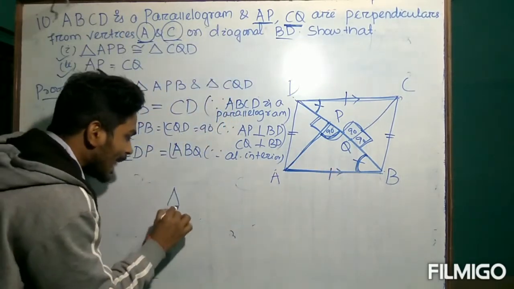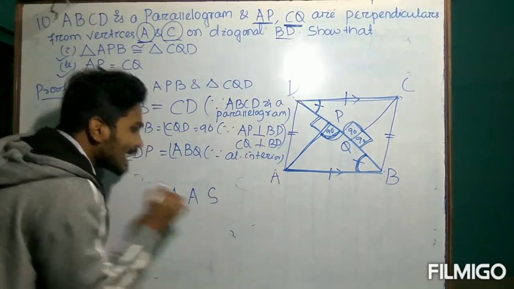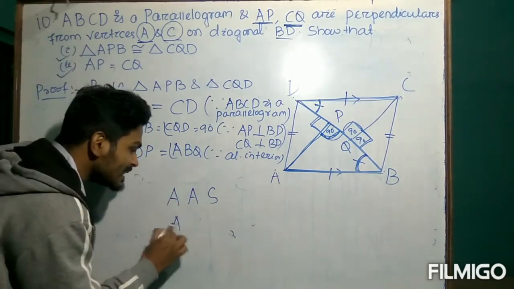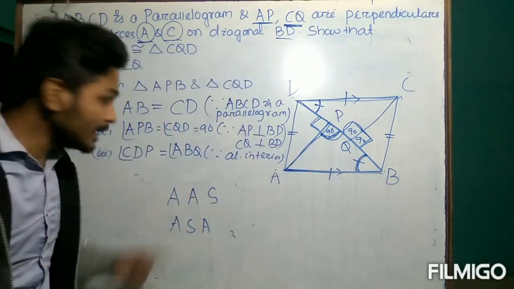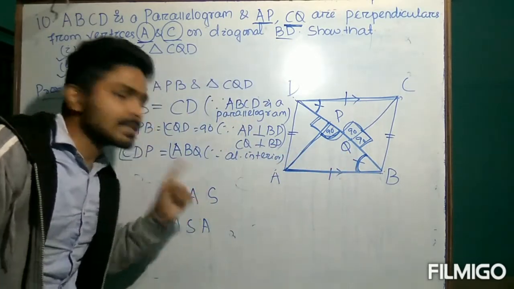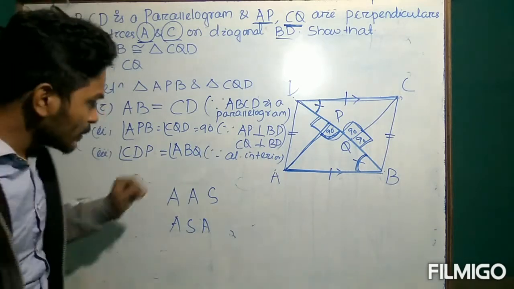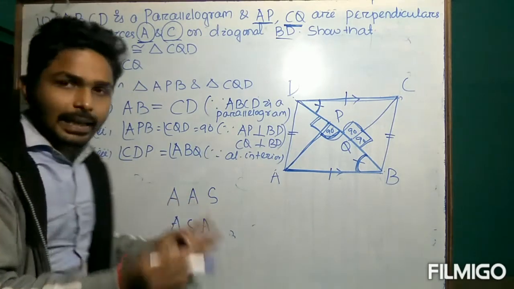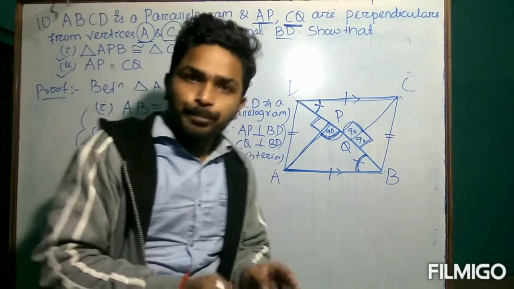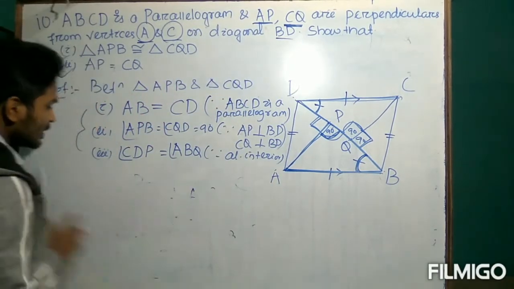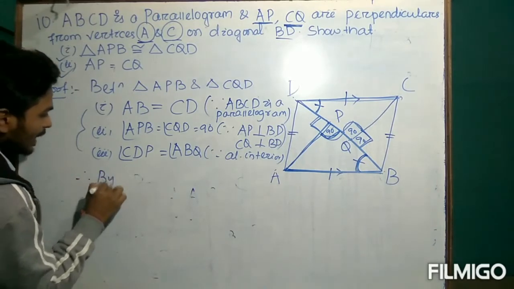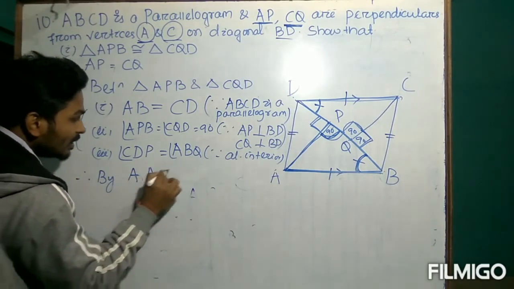It means it is angle, side. Not angle, side, angle, because the side is not included here. It is angle, side. So by the angle, side criterion, these two triangles must be congruent. So you can write, hence by angle, side.